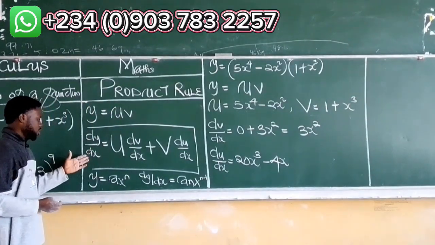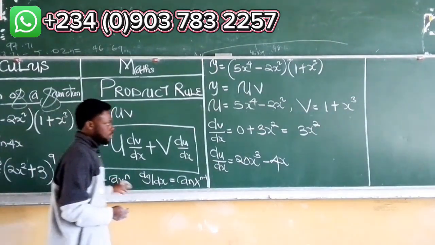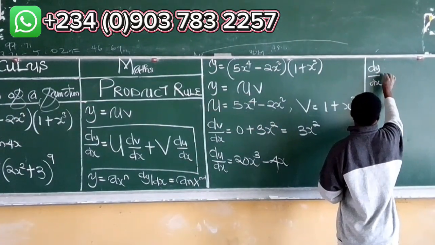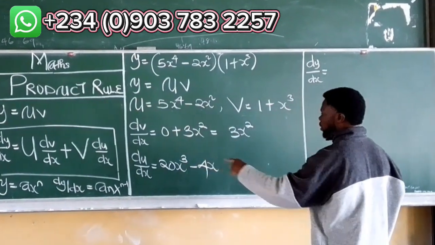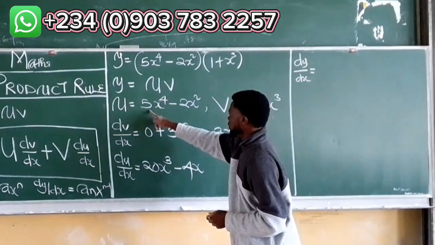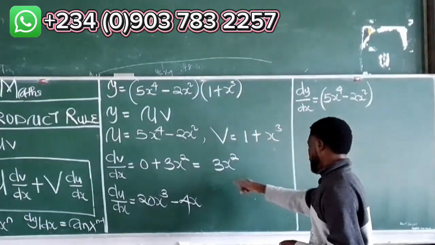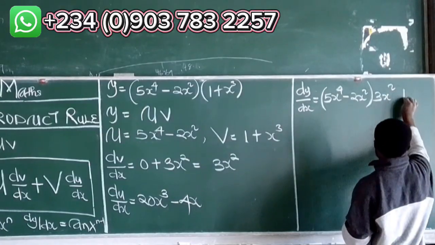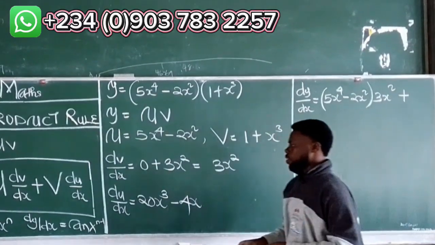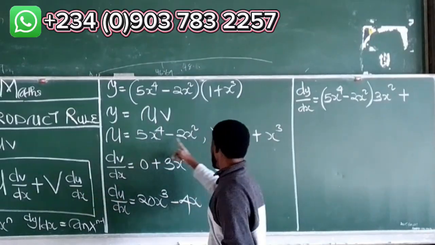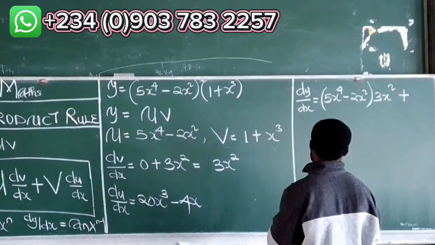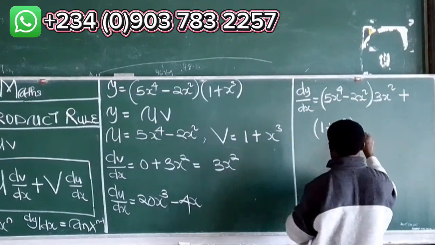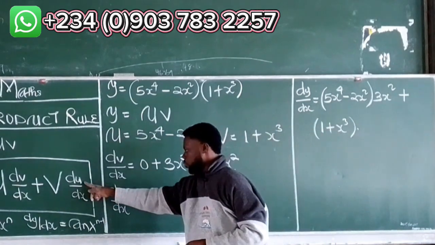So what is dy over dx? dy over dx is going to give u times dv over dx, and u is given as this, 5x to the power of 4 minus 2x squared, times 3x squared, plus v, and v is given as 1 plus x cubed, then times du over dx.